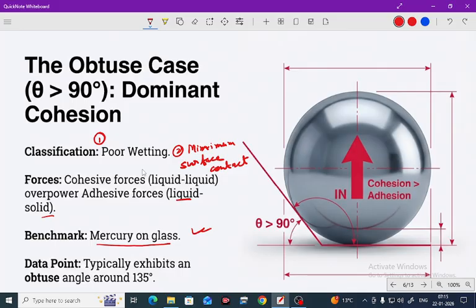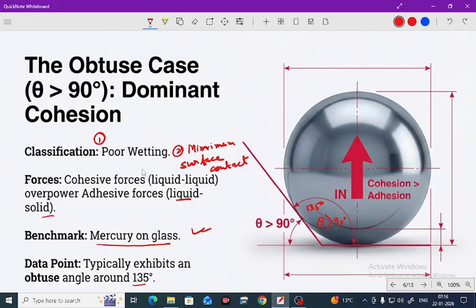Benchmark is mercury on glass, this type of behavior, and theta is always greater than 90 degree. This is not theta, but this angle is theta, and it is always greater than 90 degree. This typically exhibits an obtuse angle around 135 degree. So the dominant is cohesion.